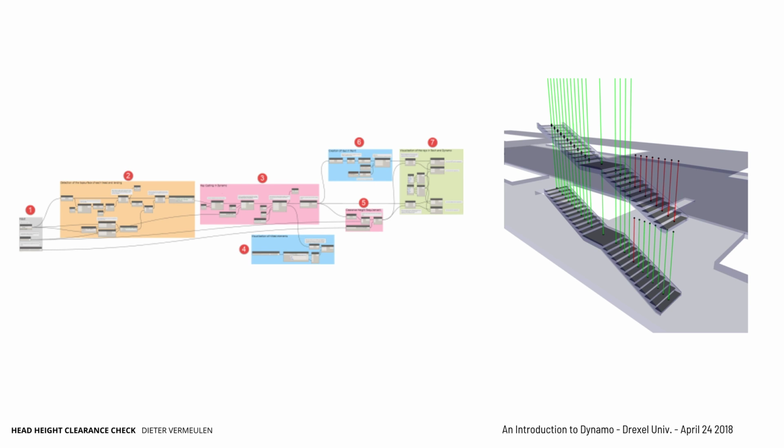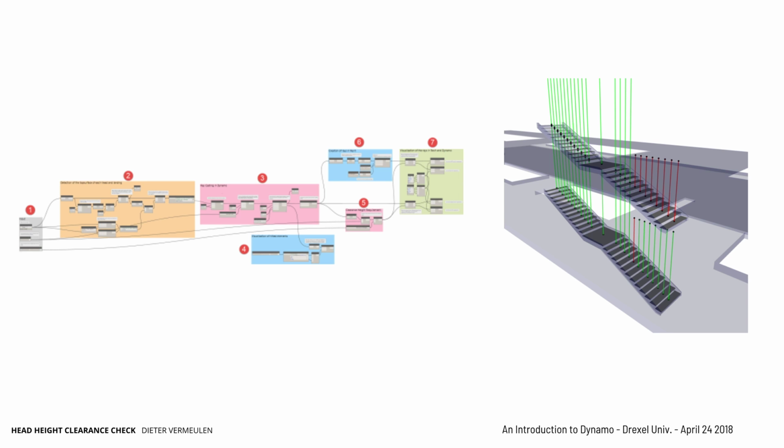Another very simple but pretty interesting example, in my opinion, is evaluating head height clearances. Those of you that have worked on a staircase, you know that, especially in monumental stairs, not so much stair cores, we have to be sure that, I forget what it is in the States, honestly, you have a certain clearance above your head so you don't injure yourself.